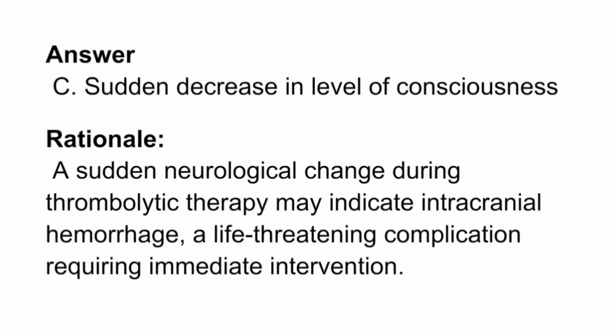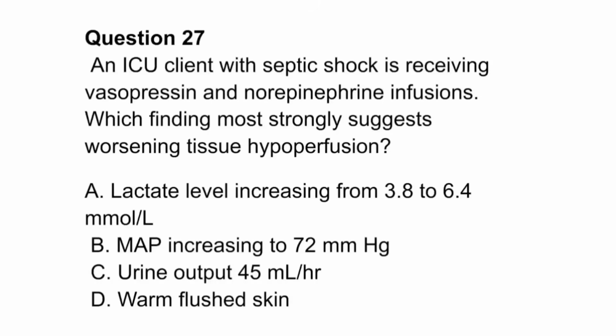Rationale: a sudden neurological change during thrombolytic therapy may indicate intracranial hemorrhage, a life-threatening complication requiring immediate intervention. Question 27. An ICU client with septic shock is receiving vasopressin and norepinephrine infusions. Which finding most strongly suggests worsening tissue hypoperfusion?